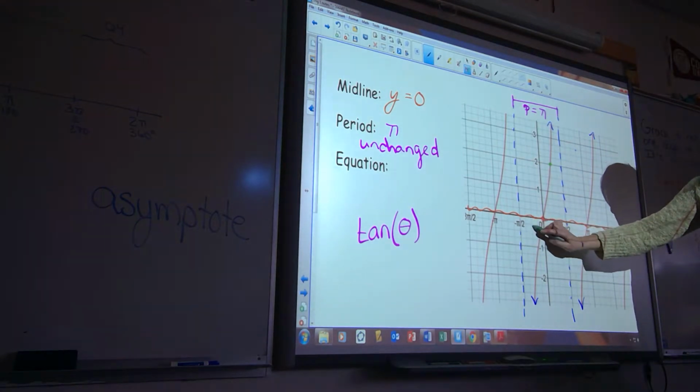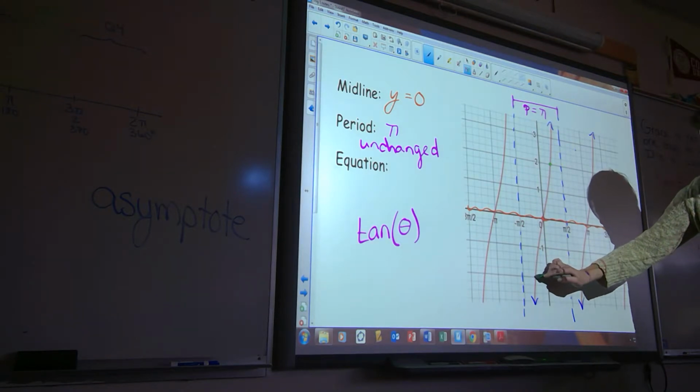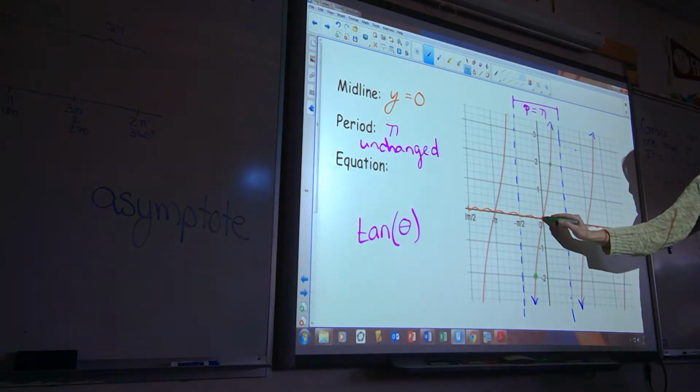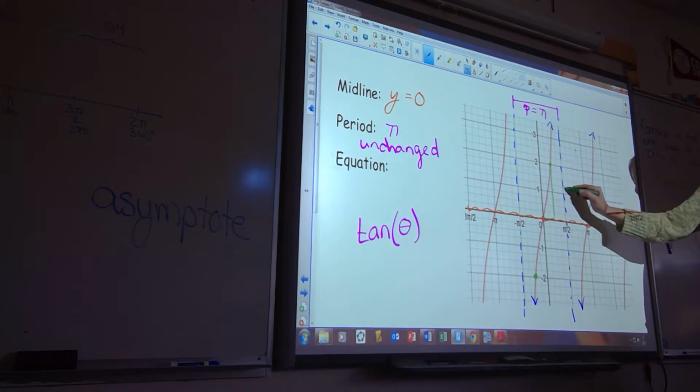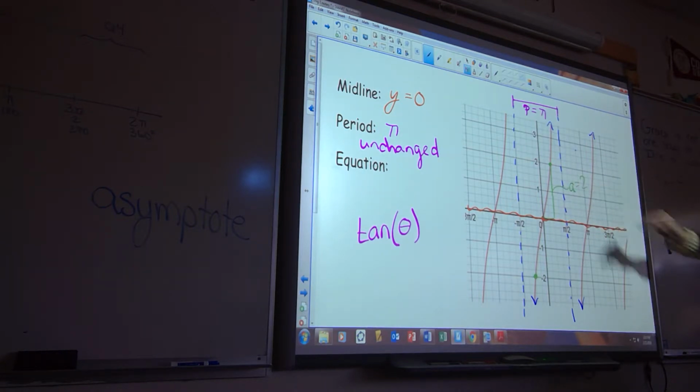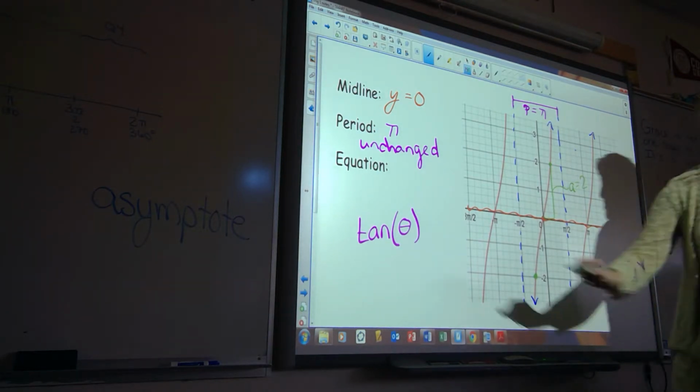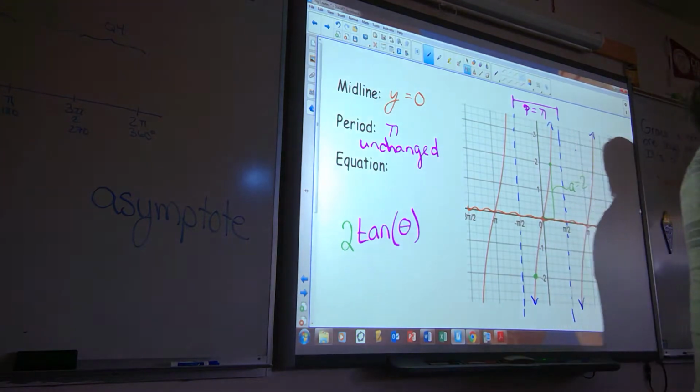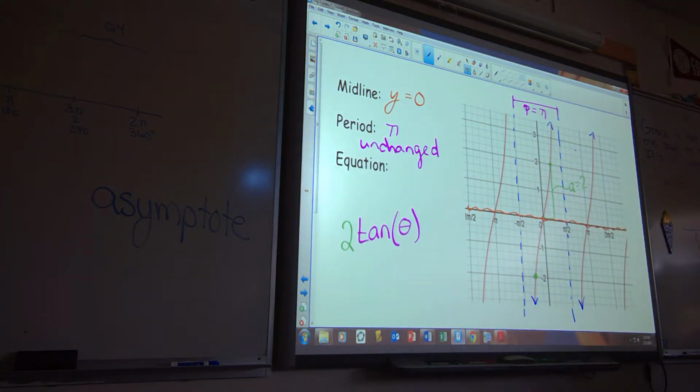Halfway between, find where the curve meets it, is right there. This amplitude is 2. So this got stretched because it went up and down 2 from the middle point. So you would put a 2 right there. And that would be it.